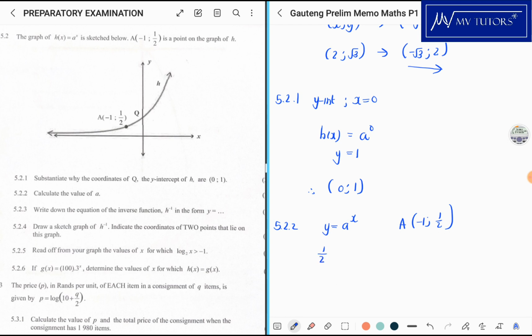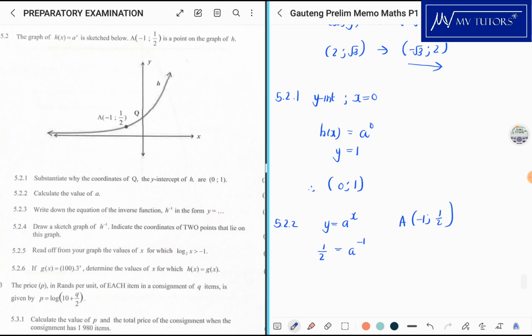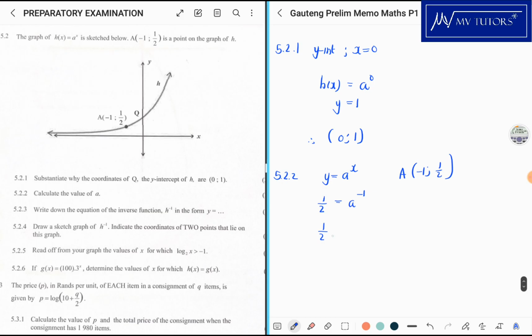So y is a half and x is -1. If I write that properly, it will be 1 over a, and as such I can see that a is actually 2. Therefore I have 2 to the power x.